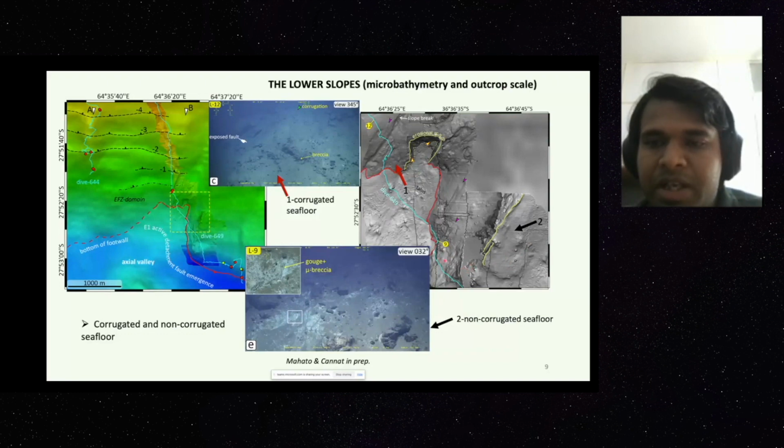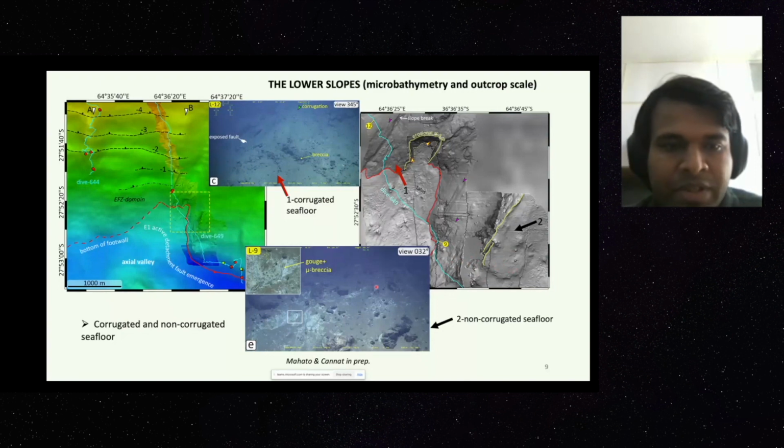But the surrounding area of this non-corrugated domain has been explored. For example, at location 9, you can see a thick layer of gouge bearing microbreccia domain, which appears white in color and covers the entire outcrop.